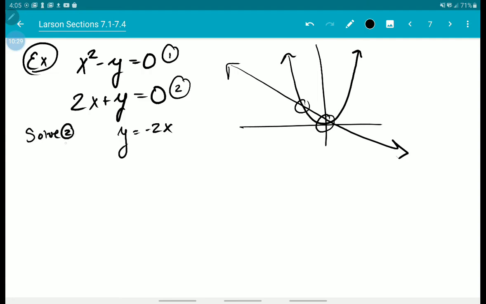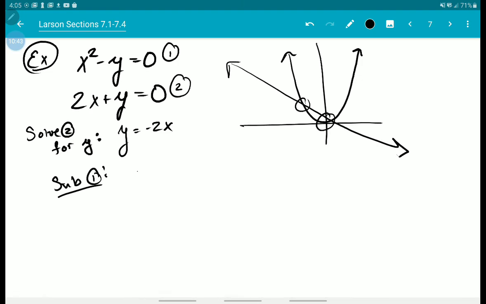We solved equation 2 for y. And now we're going to substitute that into equation 1. So we have x squared minus y, and our y is negative 2x, is equal to 0.